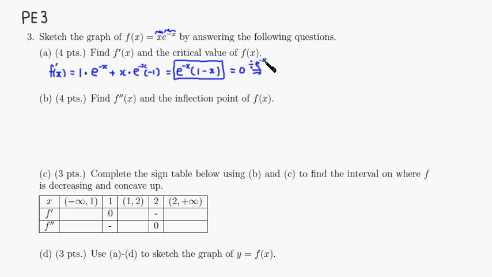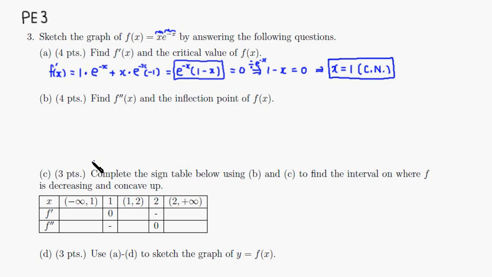So you get 1 minus x is equal to 0, which means x equals 1. So this is the critical number. We found the critical number.